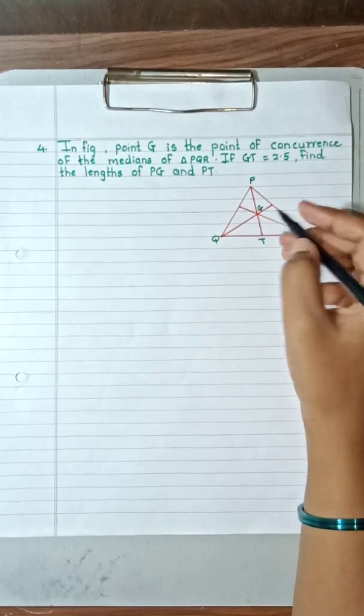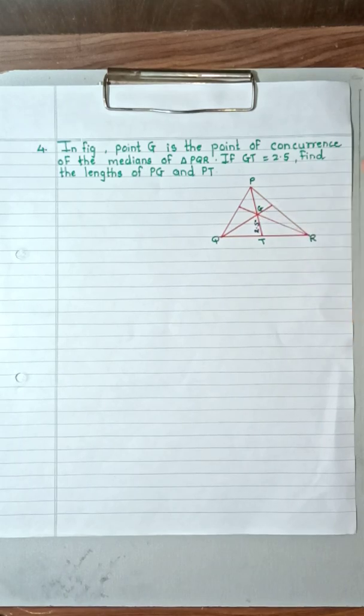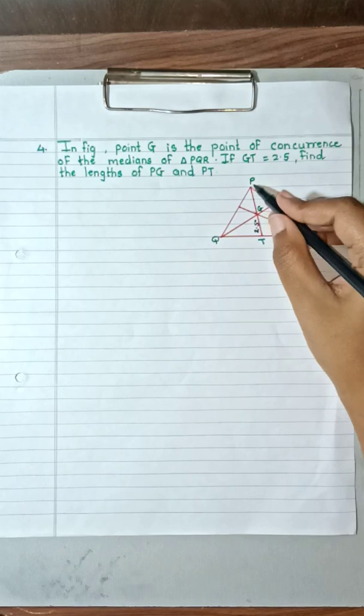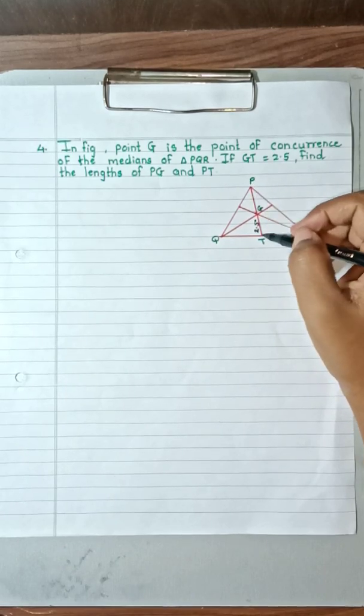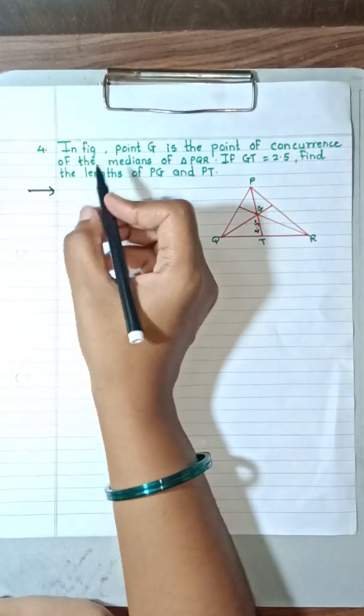If GT, you can see this, GT is 2.5, find the length of PG and PT. You have to find this length, that is PG, and the overall distance PT. So let us move on towards the solution.